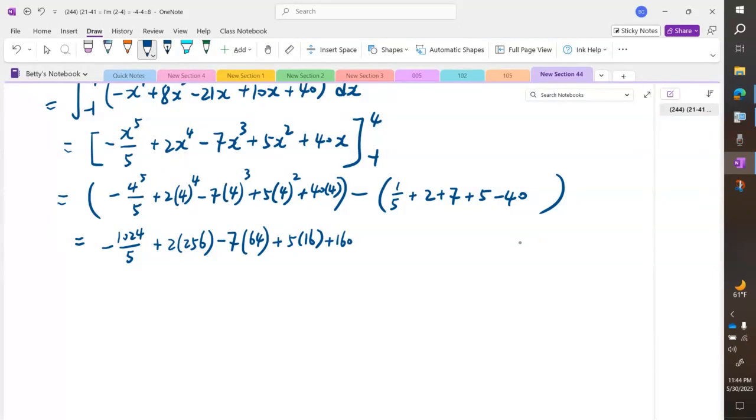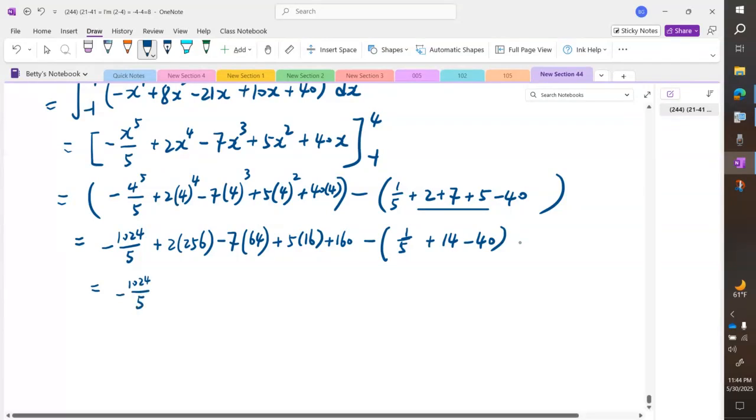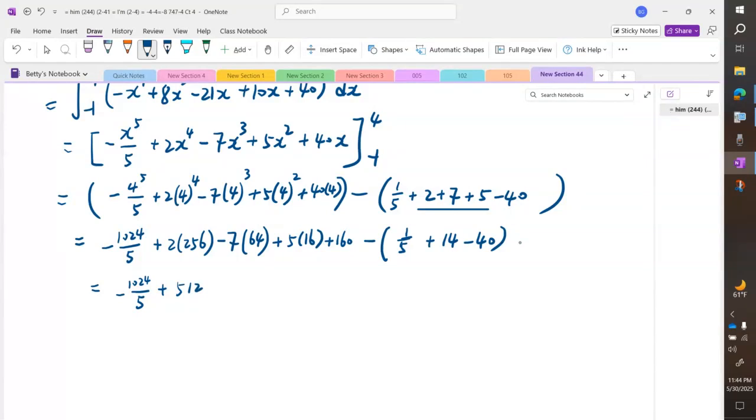This one is 160. This is 9 plus 5, 14. Minus 40. Okay. Minus 1,024 over 5. Then 512.